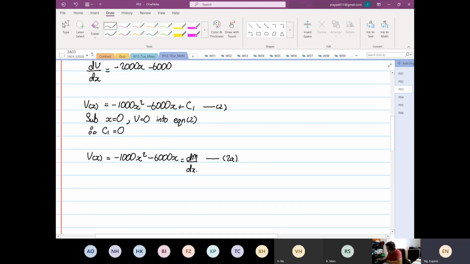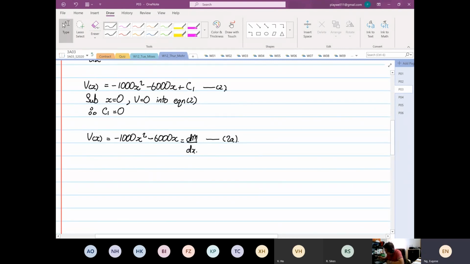So from here, you integrate again, m as a function of x is equal to minus 1000x cubed over 3 minus 6000 divided by 2, 3000x plus c2. So now this is your equation number 3.